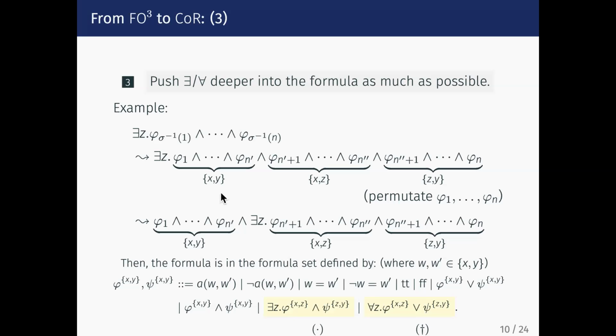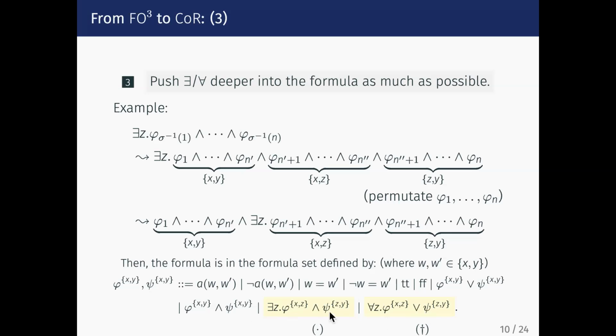And combining the steps above, we can translate into the following formula set. Intuitively, each subformula in this set has at most two free variables. The remarkable point is that the existential quantifier is only used in this form, and the universal quantifier is used in this form.